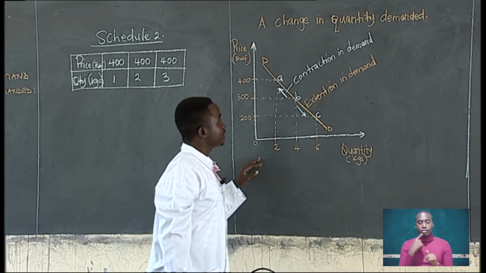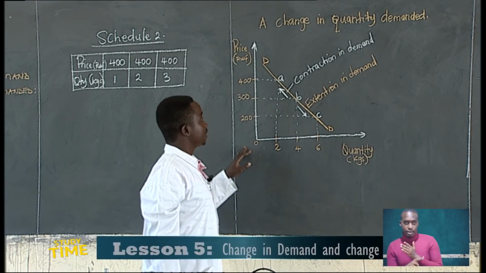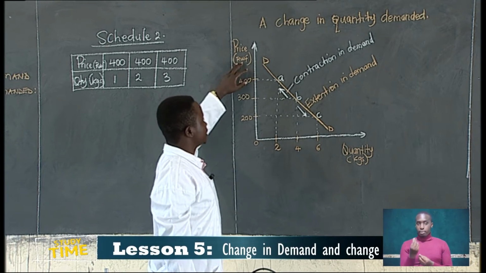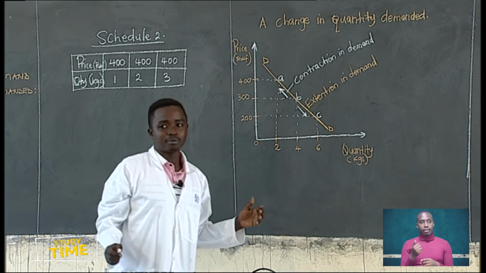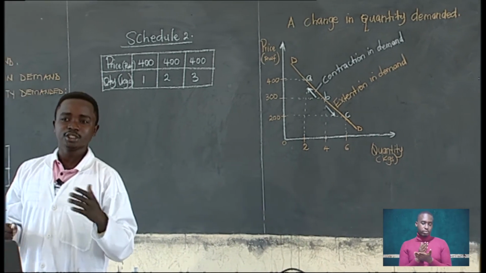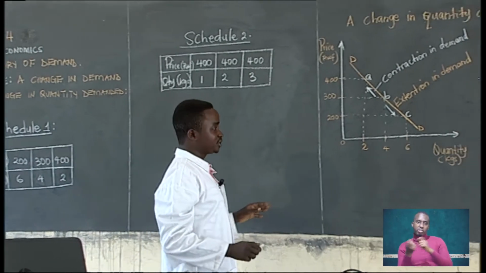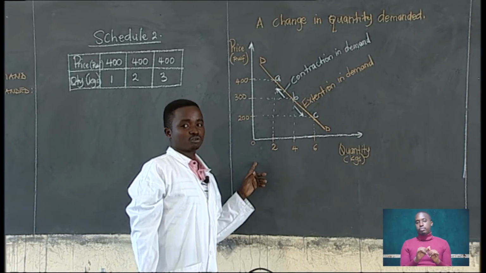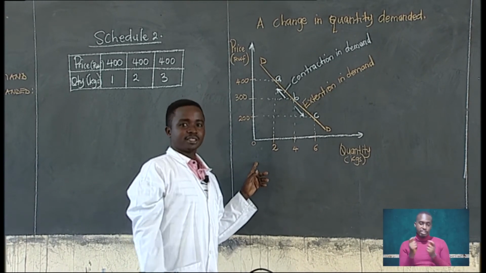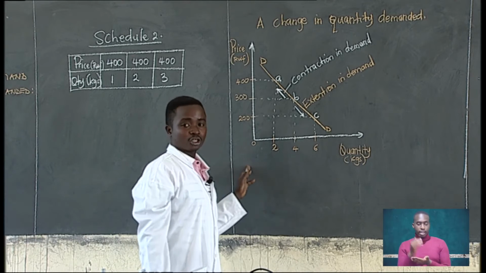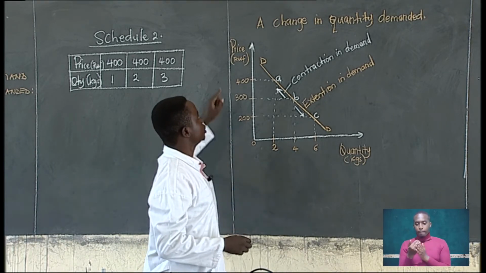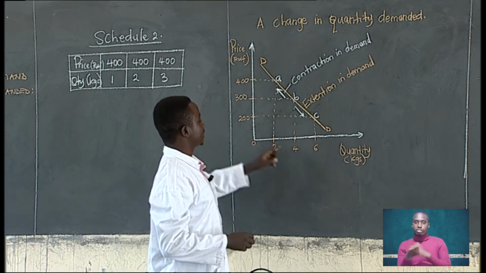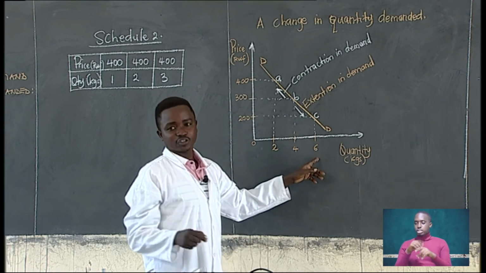It is only one factor under investigation, and that is price that is changing, while other factors like future price expectations and seasonal changes are held constant. So a change in quantity demanded is a decrease or an increase in the quantity demanded of a commodity due to a change in price when other factors are kept constant.